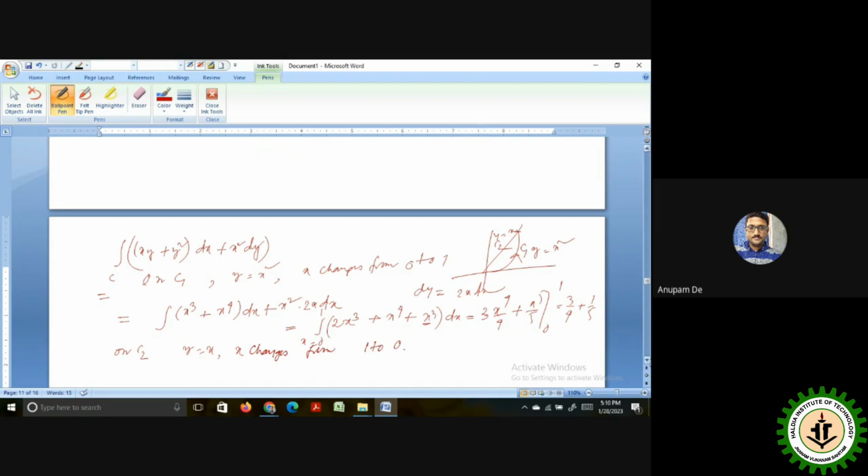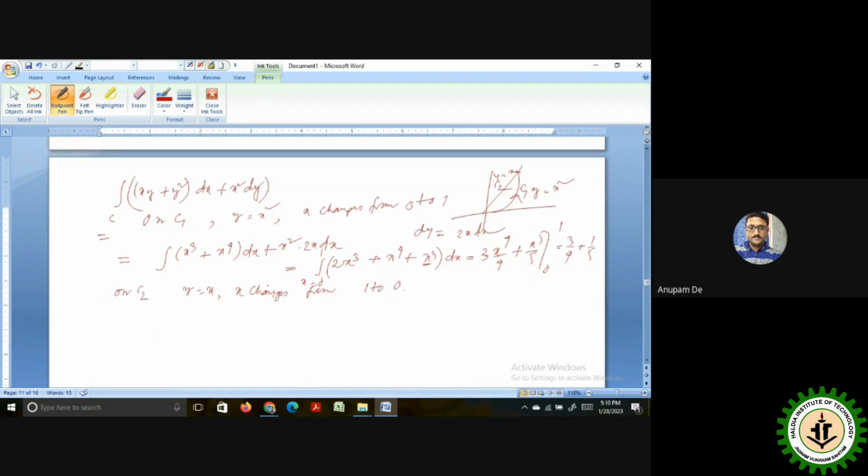In that case, the integration of x into x plus y, with y equal to x, gives x square dx plus, here x square will be y square, and dy will be equal to dx.